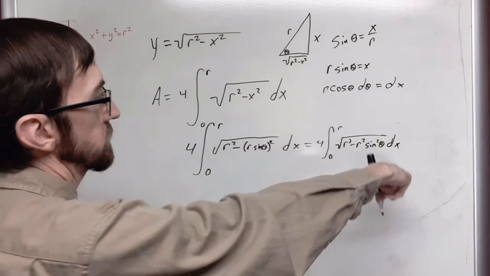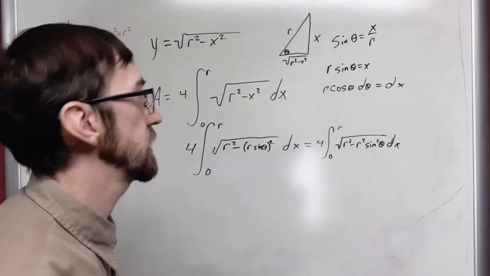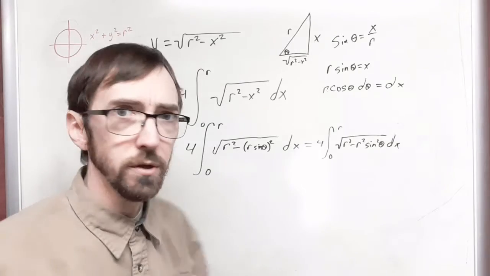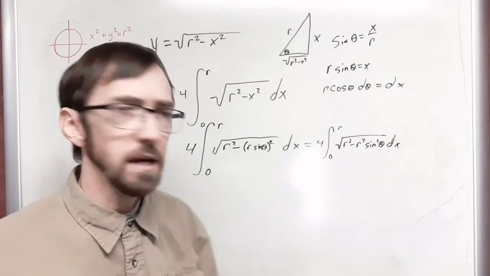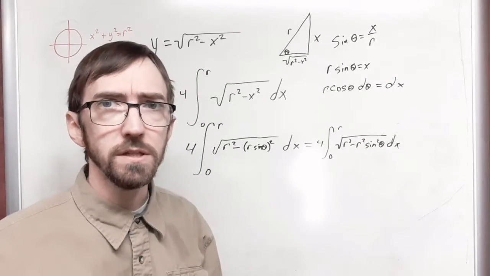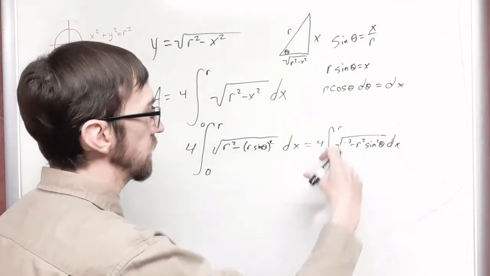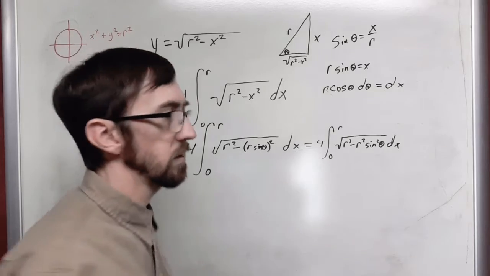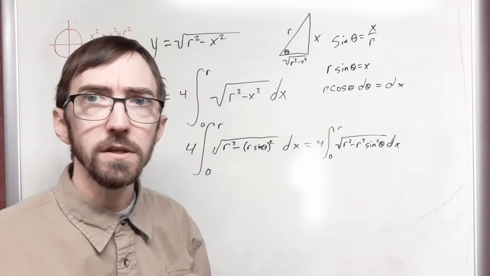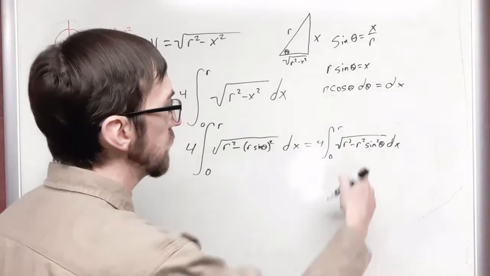I'm not doing my substitution here for dx yet, just because I want to focus on the algebra going on here, and then we'll mess with the algebra when I do that substitution later. And we'll also have to adjust these limits to adjust it for integration according to theta instead of x.